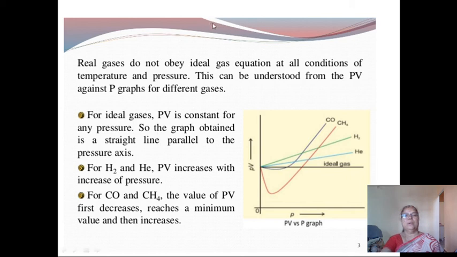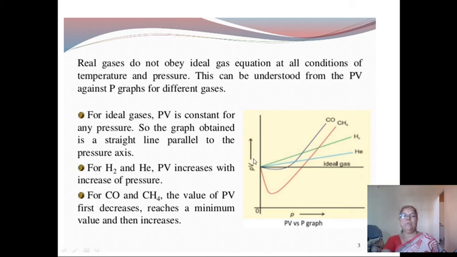Then here, at first we will see the deviations of real gases from Boyle's law. Already you are familiar with what Boyle's law is. In the case of ideal gases, PV is equal to constant at constant temperature.